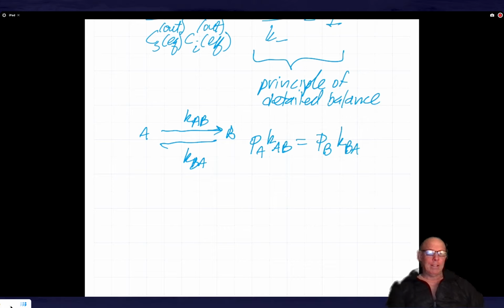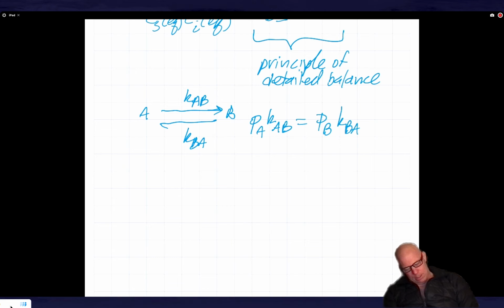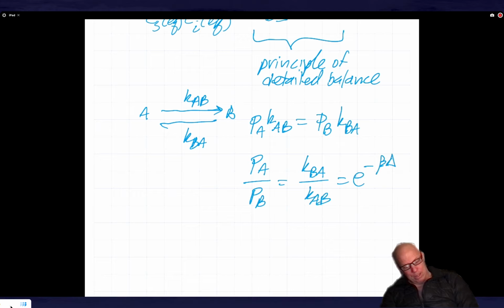It means that there's, first of all, a steady state, but you should also notice that I can rewrite this as PA over PB is equal to KBA over KAB, and this is also going to be written as e to the minus beta delta epsilon.